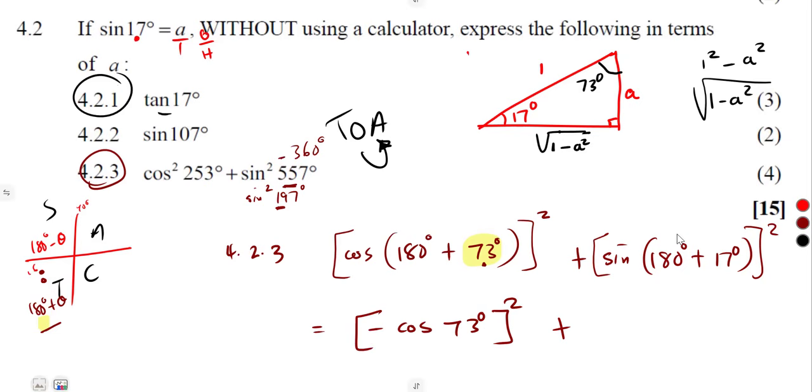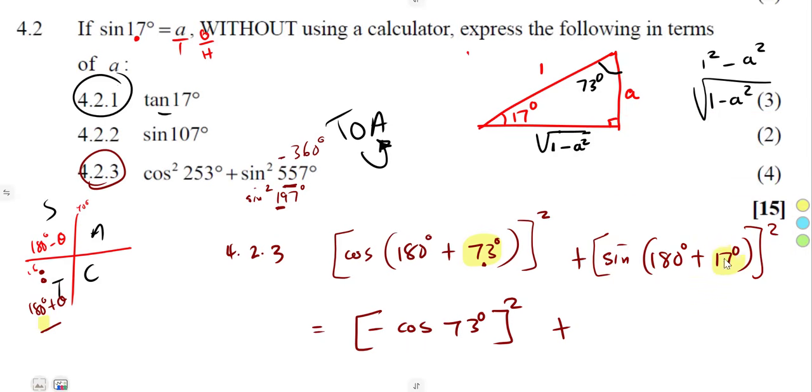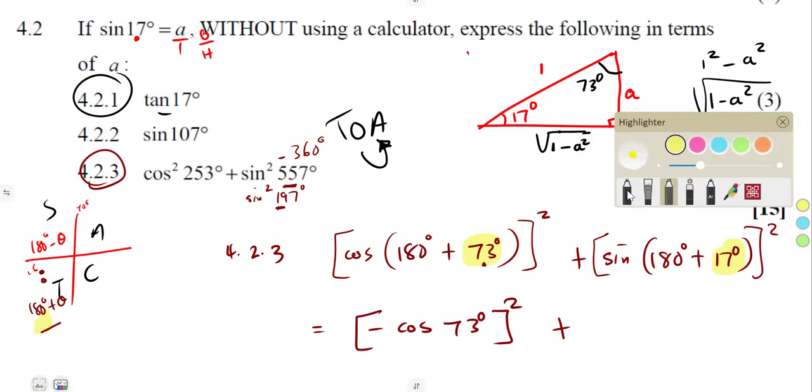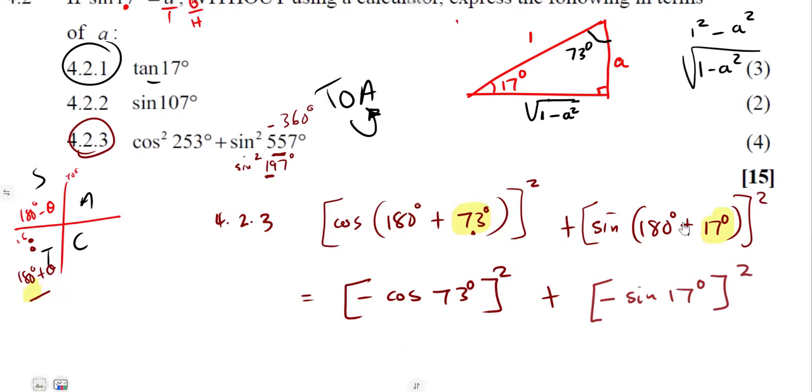Plus sine of 180 plus 17 degrees, also 180 plus. It is the third quadrant for tan, so sine is negative. So you're going to reduce this and write it as negative sine of the acute angle, our theta, 17 degrees, being squared.